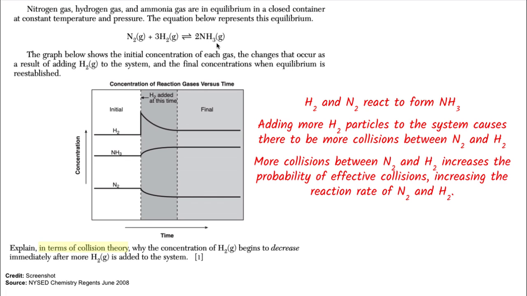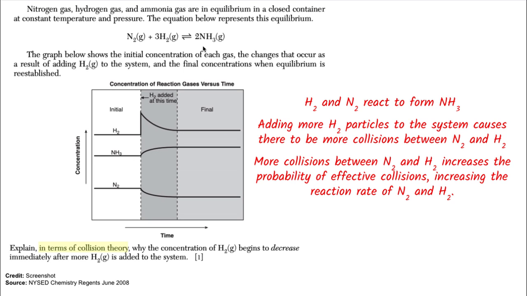More collisions between N2 and H2 will increase the probability that those two particles will have an effective collision and actually be able to react to form NH3. This will increase the reaction rate of N2 and H2, which in turn will decrease the amount of H2 as it gets its bonds broken and reformed to form NH3.